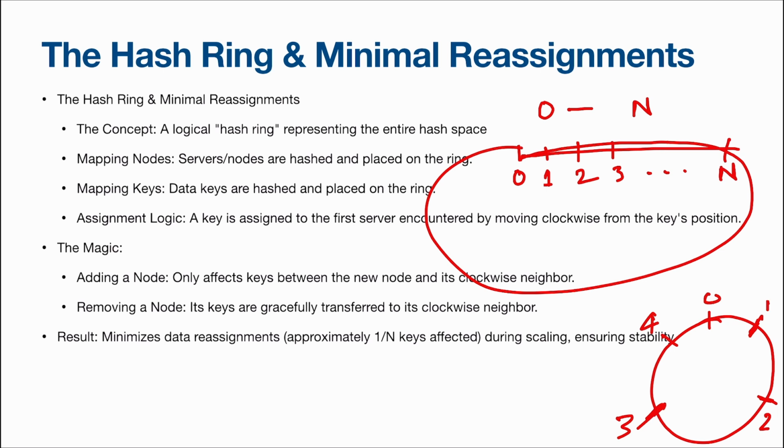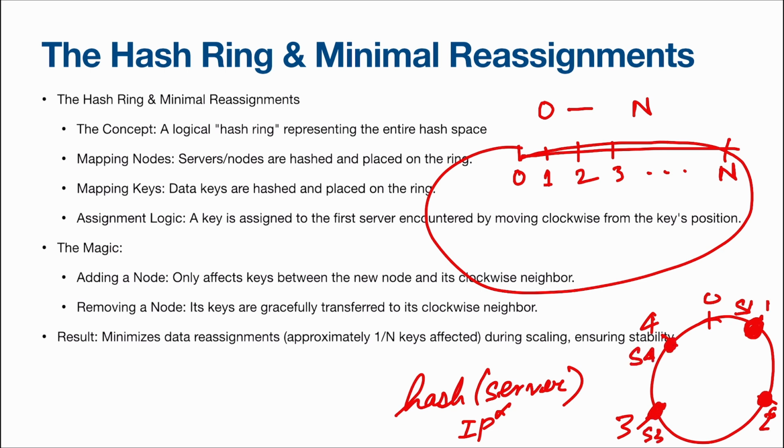Well, first we need to calculate the hash of the server key. In this case, it can be the IP of the server. Let's calculate the hash of it, and we'll put the servers on this ring. So let's say there is server 1, server 2, server 3, and this is server 4.